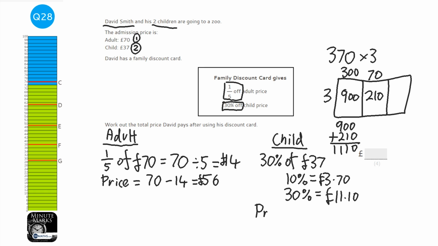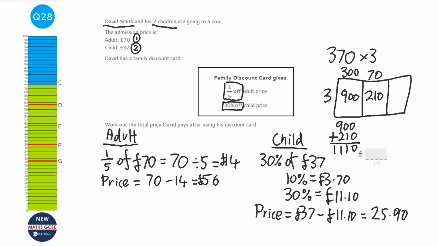And so we want to work out the price. So it's going to be £37, take away £11.10. So if you take away 10 it's 27, take away 1 is 26, take away 10 is £25.90. Now that's for 1 child.